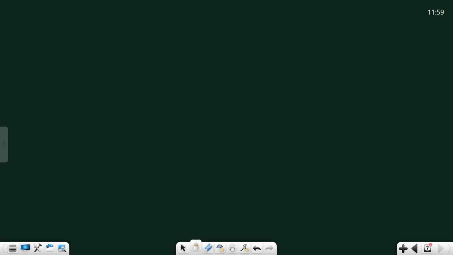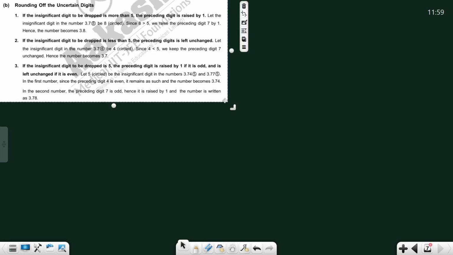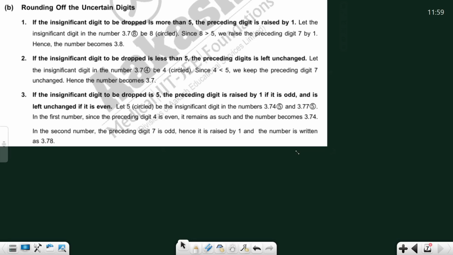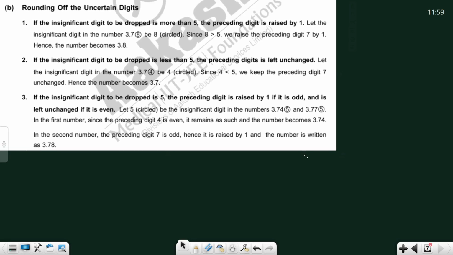So rounding off is governed by three rules. First two rules are obvious.